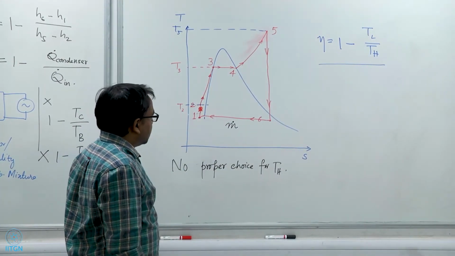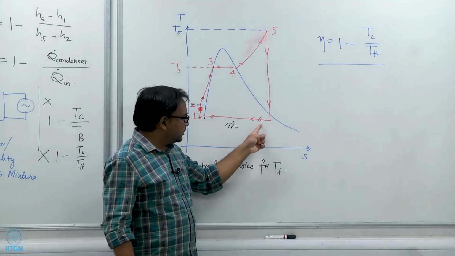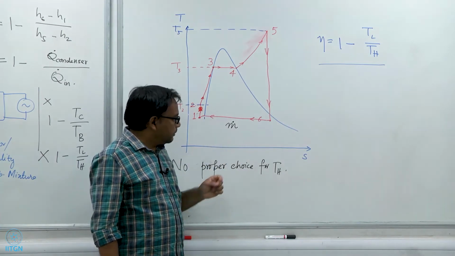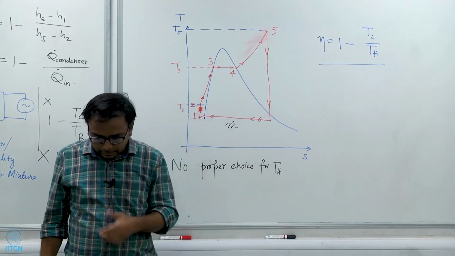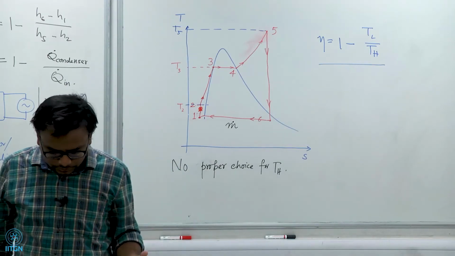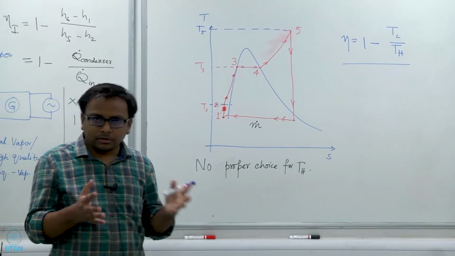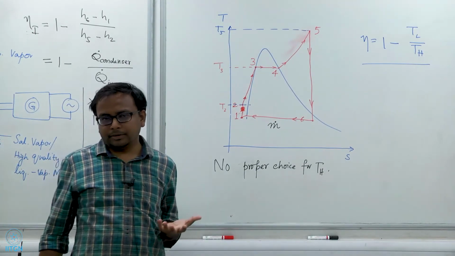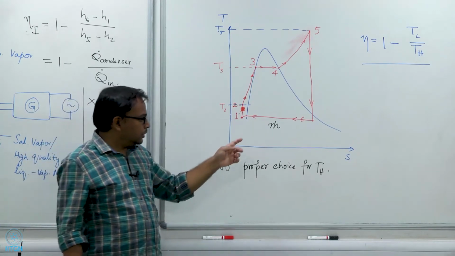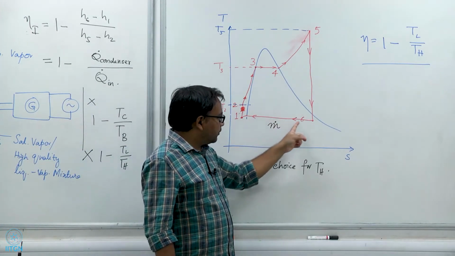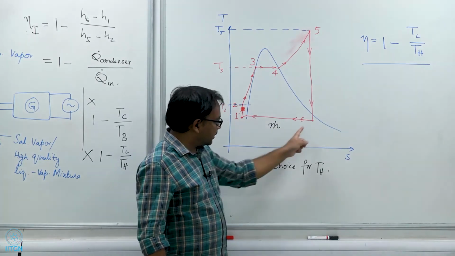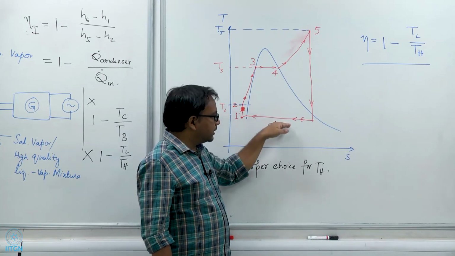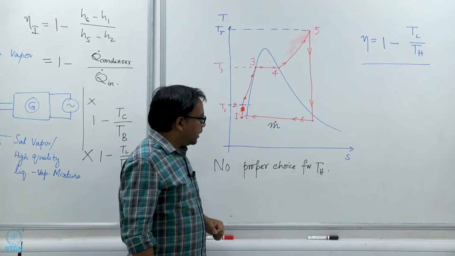And then finally you see that for this TL, we are also limited in how low we can go, because we have to reject heat to some object which is maintained at a constant temperature, and the best object we have is the surroundings. So, it is very hard for this temperature to be below the surroundings.